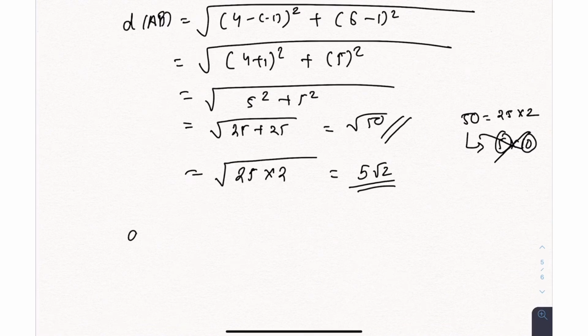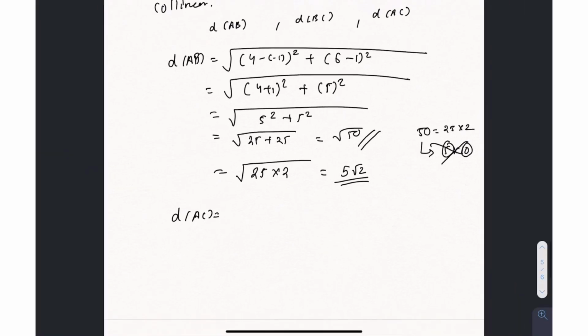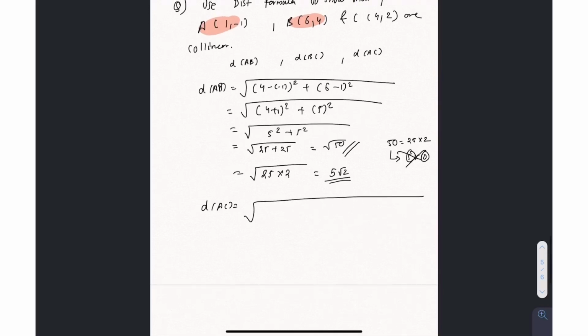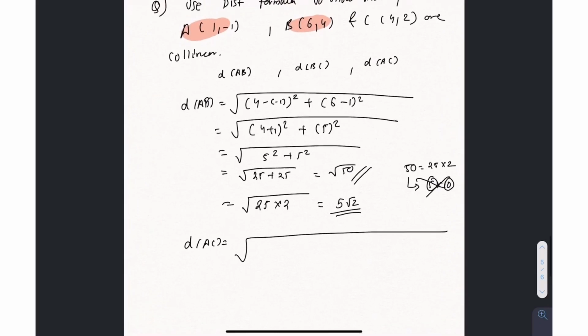Next thing is we are going to find distance AC, or you can also find distance BC. So if you have to find distance AC, that means x2 minus x1 the whole square, sorry, y2 minus y1 the whole square, and x2 minus x1, 4 minus 1 the whole square.